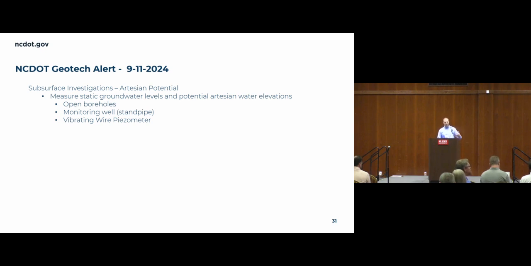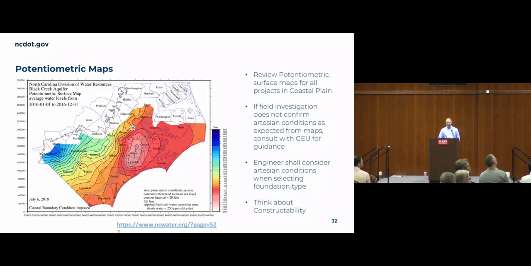So they're reminding folks that are doing these subsurface investigations to be on the lookout for those artesian conditions, particularly in that coastal plain. And it goes on to talk about how they need to review the potentiometric surface maps on all projects in the coastal plain. You can see the link there at the bottom.